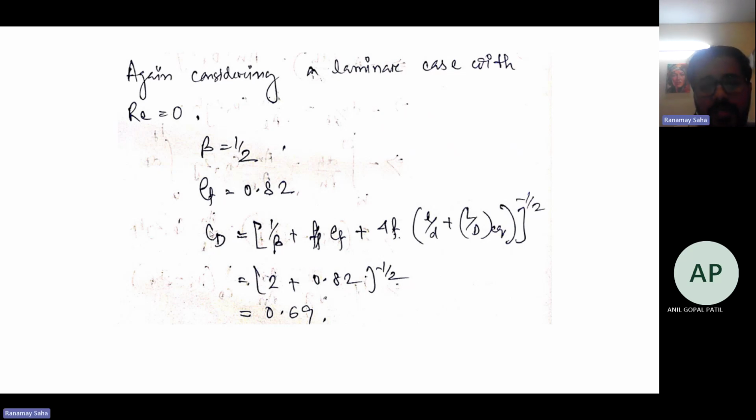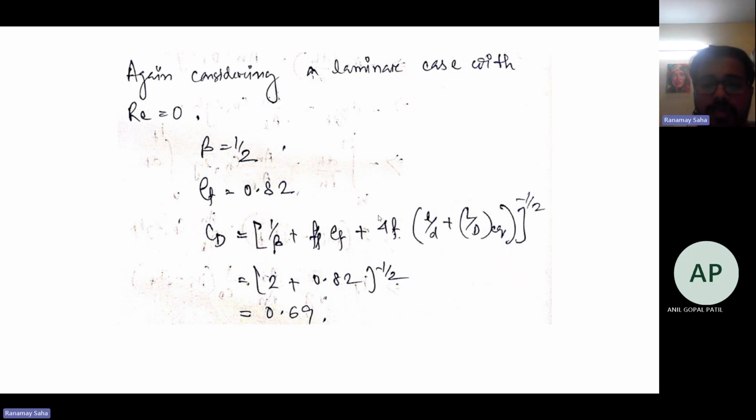Then you find CD again by beta, and this was the equation which I was mentioning in the earlier case: 1 by beta plus EF plus 4 times friction factor F L by D plus L equivalent, whole to the power minus half.